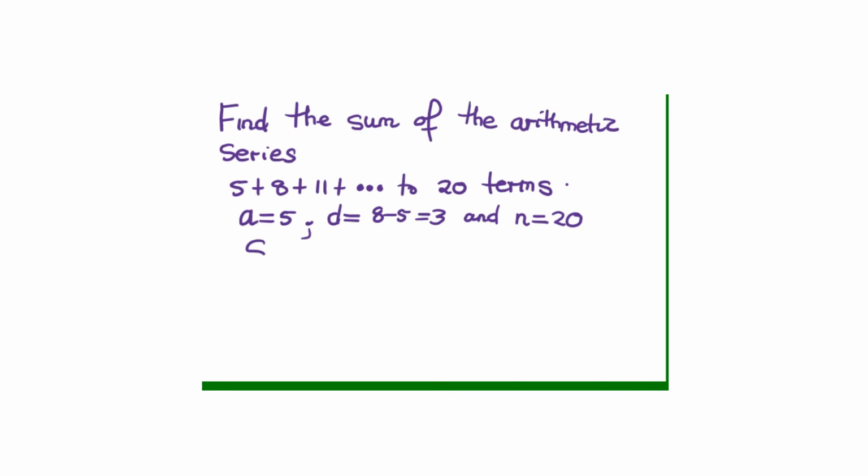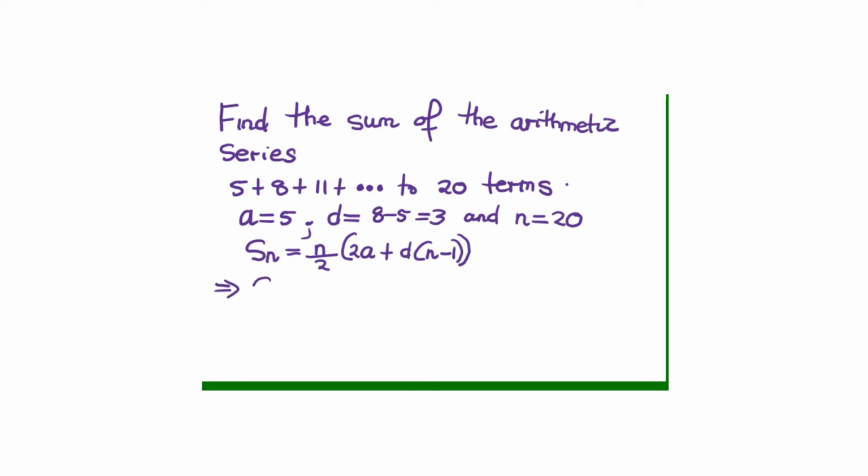Sum to n, which we shorten to Sn, is given by the number of terms n divided by 2, into 2 multiplied by a, plus d into n minus 1, close bracket. That is the formula, which means the next thing is we just need to substitute.